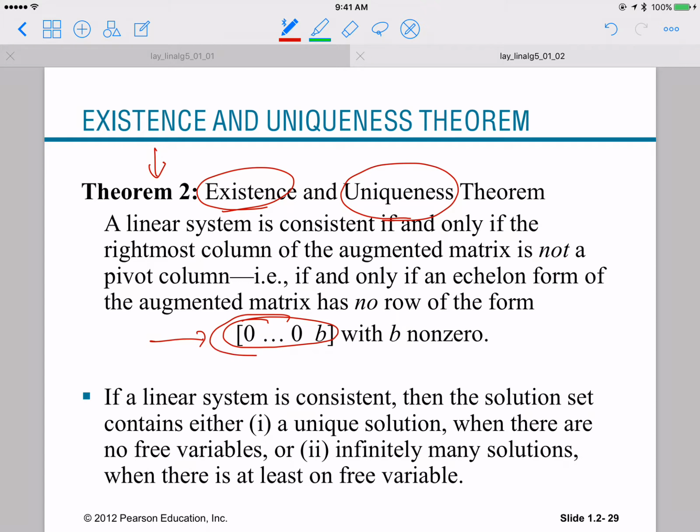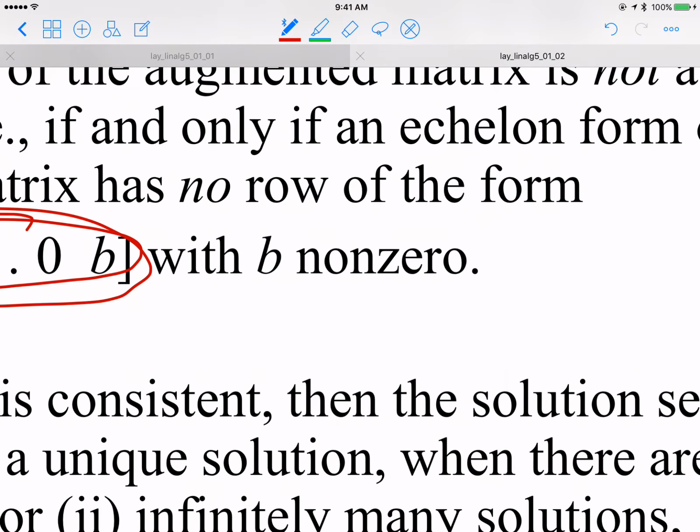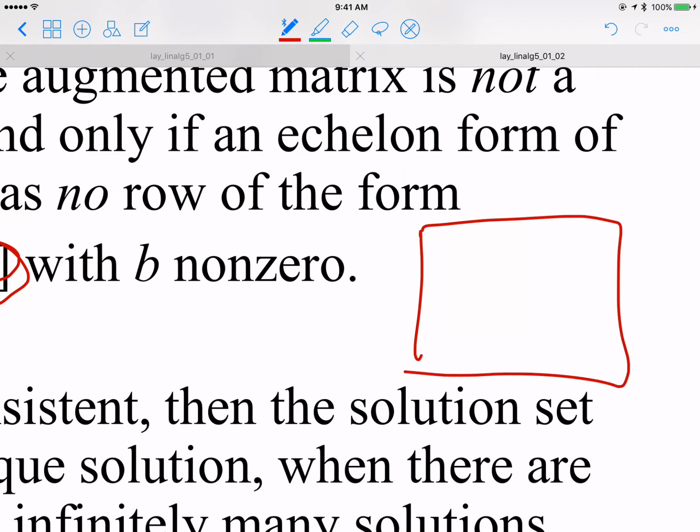Once you see a row like this in your echelon form or reduced echelon form, it corresponds to having no solution, because in your matrix in echelon form, somewhere in the middle, you found that all entries are zero except for the last value, which is non-zero, like this.